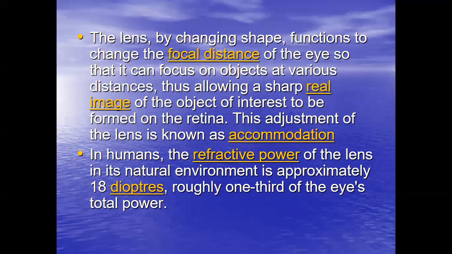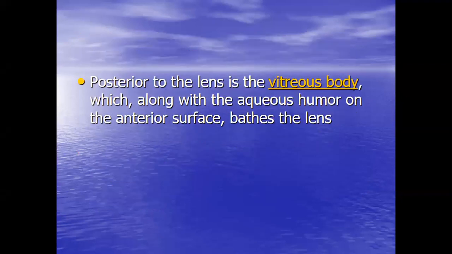The refractive power of the eye is 58 diopters, while the refractive power of the lens is 18 diopters. Okay, I just told you the refractive power of the eye is 58 diopters and that of the lens is 18 diopters.